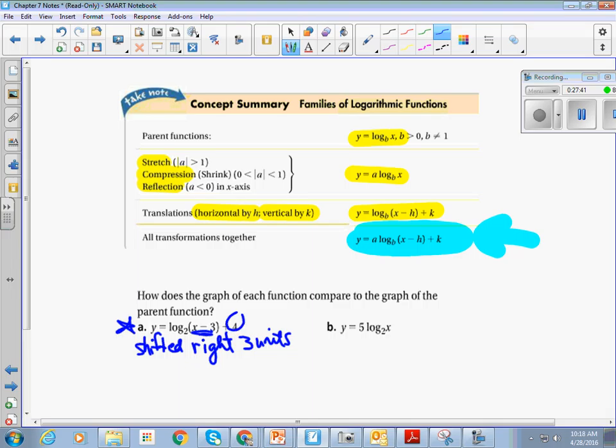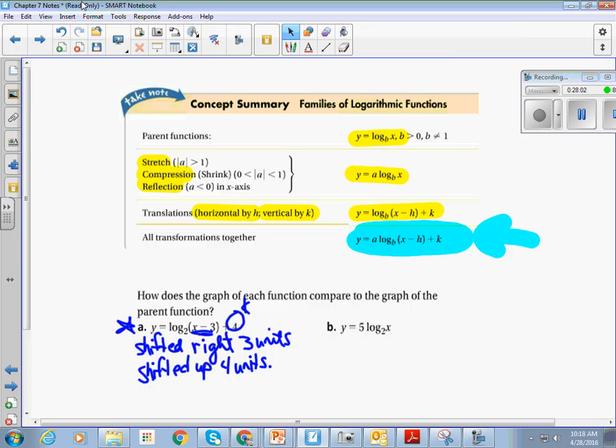And then this guy is the k. It's going to be shifted because it's positive. It's going to go up 4 units. It doesn't have a coefficient out in front of the logarithm, so there is no stretch, compress, or reflection.